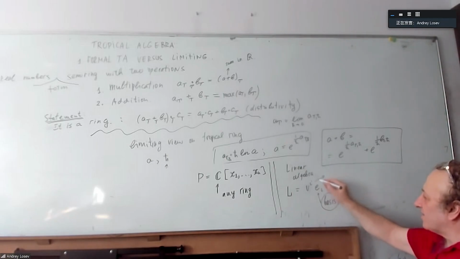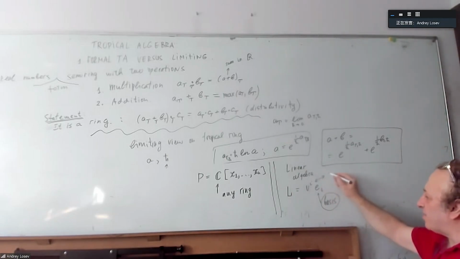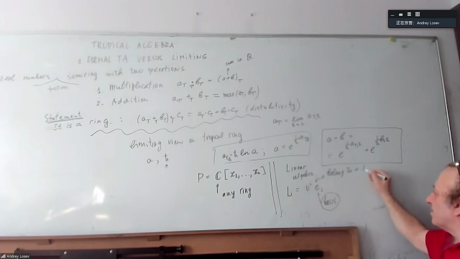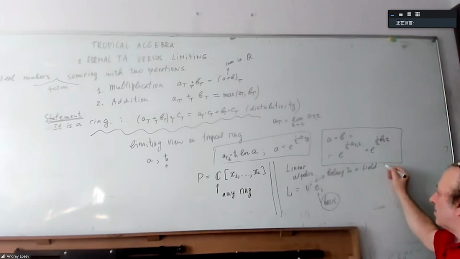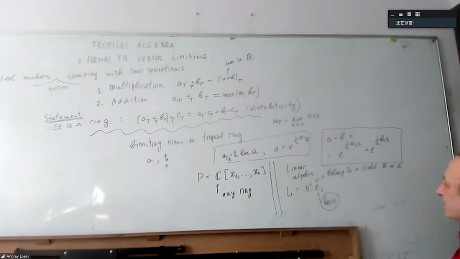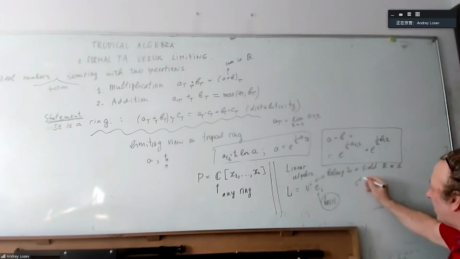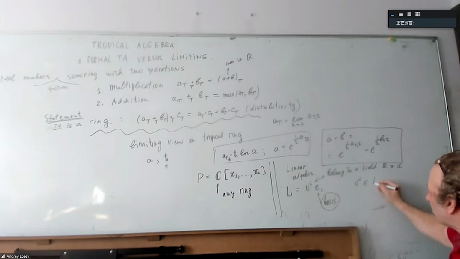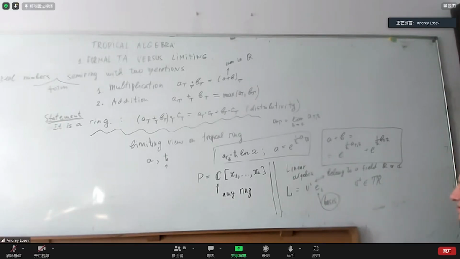And these typically belong to a field R or C. But now we consider v_i belonging to tropical ring that I'll call TR.